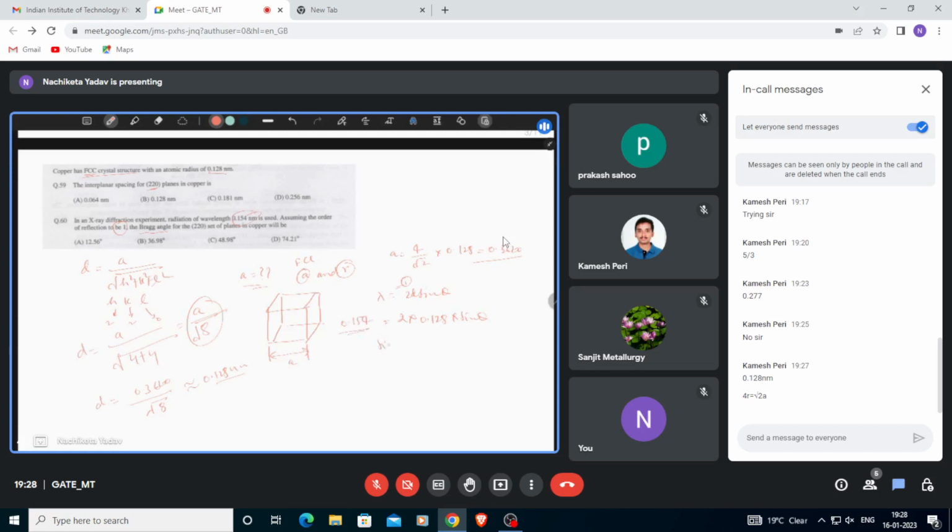From here we can calculate sine theta, 0.6015. So theta is sine inverse of this, which will be nearly 36.98 degrees.